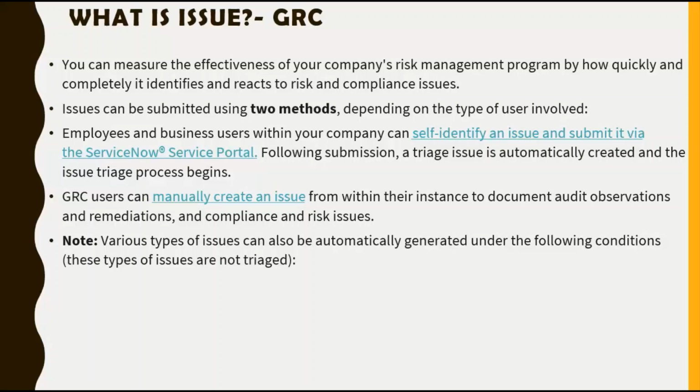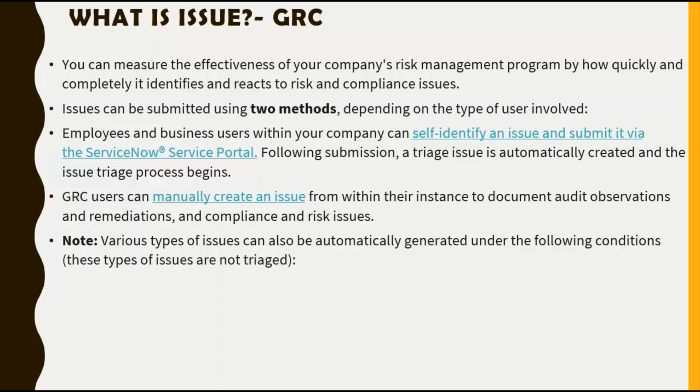If you don't know what a control is, what a control objective is, and how control and control objective attestation mapping works, please go to my last videos where I have explained everything: what is attestation, what is evidence, what is control objective. So here we learned that there are generally two ways to create the issue.